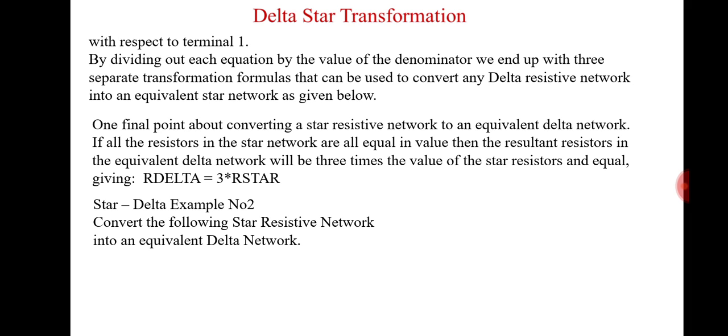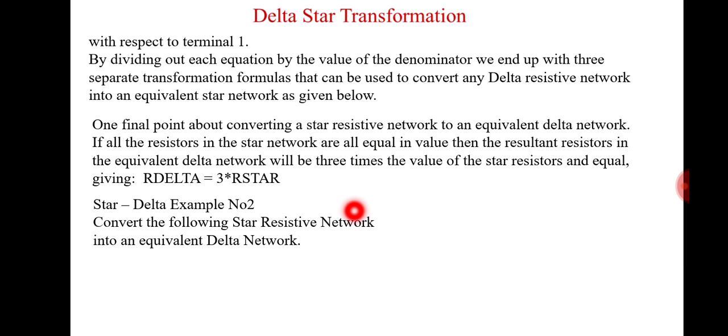With respect to terminal 1, by dividing out each equation by the value of the denominator, we end up with three separate transformation formulas that can be used to convert any delta resistive network into an equivalent star network, as given below.